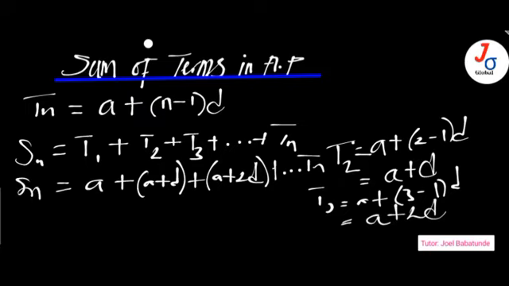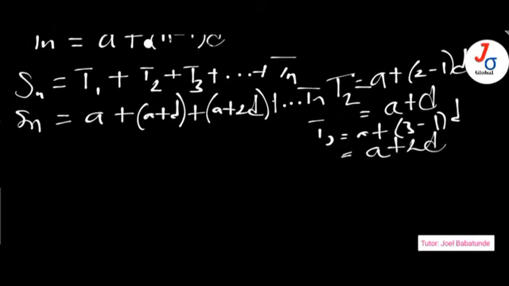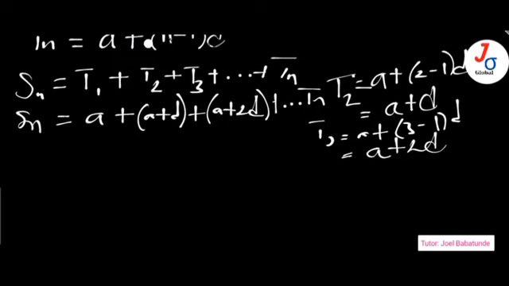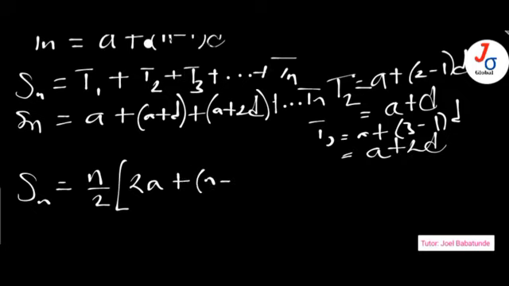And the formula for this sum of the nth term, the sum of terms of an arithmetic progression, is given as Sn equals n over 2, open the bracket, 2a plus (n minus 1)d.